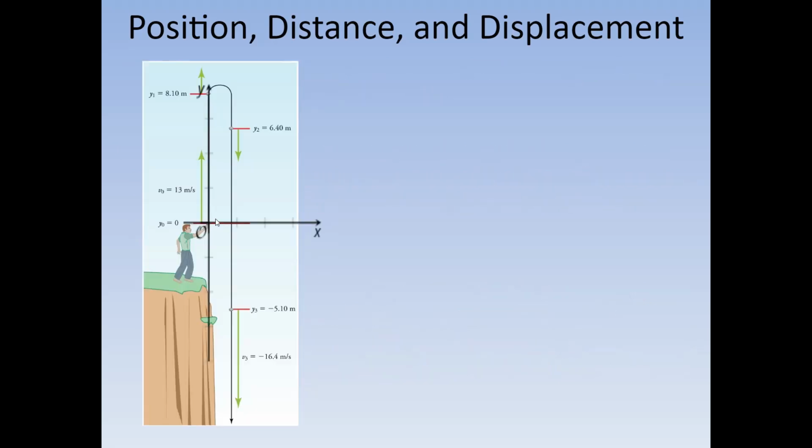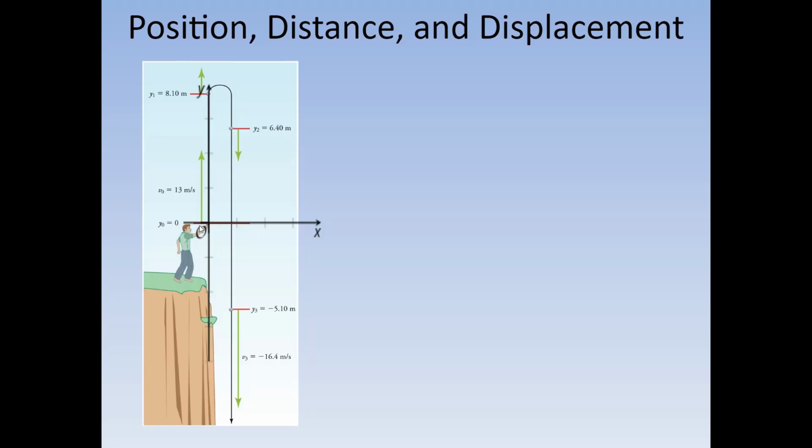Now, this is what I was referring to when I said you can put it onto a graph. So here we have a picture of a ball being thrown up into the air. It goes up and then comes down, and it shows a few different points along its path. One thing we could do is just place a graph on here and pick a certain location to be what we call the origin point, the 0 point, as our reference.